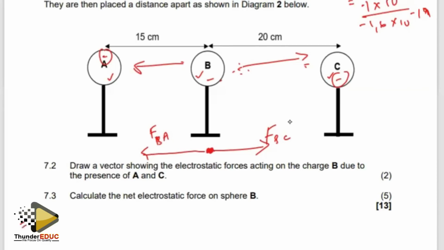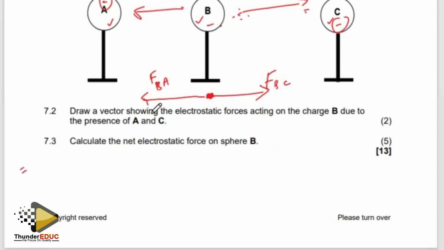Then 7.3, calculate the net electrostatic force on B. So for us to get the net electrostatic force, we need to get the electrostatic forces for each individual force that we have here. Okay, so we can look at this first force, then we can look at this other force as well.